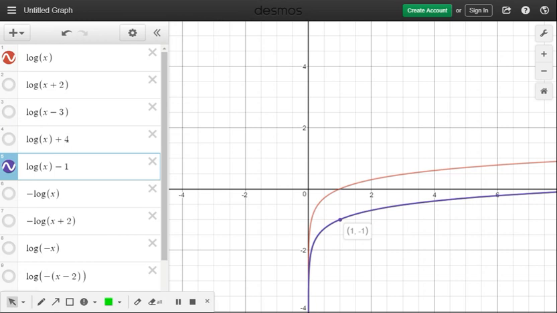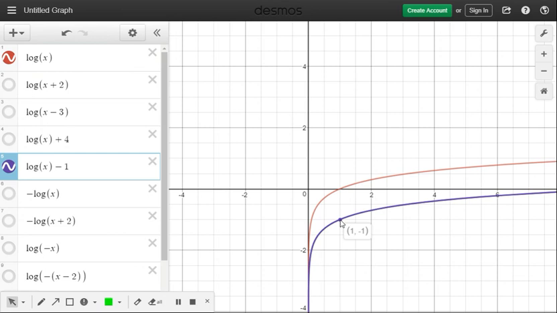The reason I did that is I lined them up vertically. And then we notice that the y value changed. The x values were the same, but the y value changed by 1. So it went from (1, 0) to (1, -1).